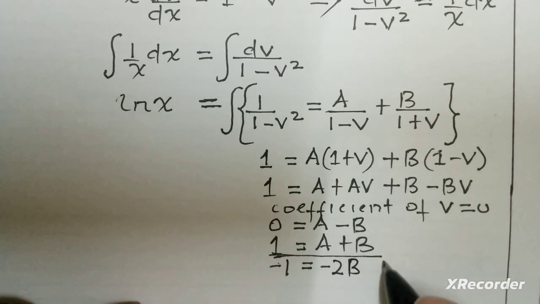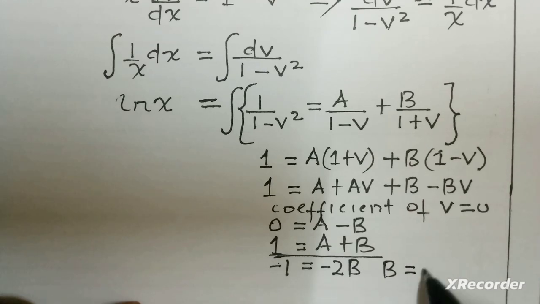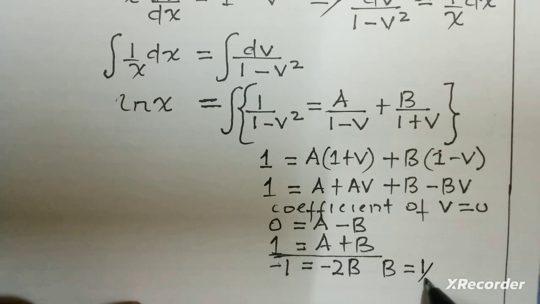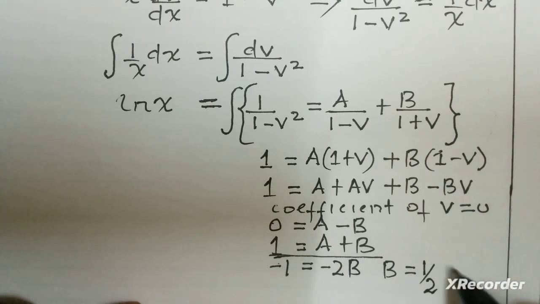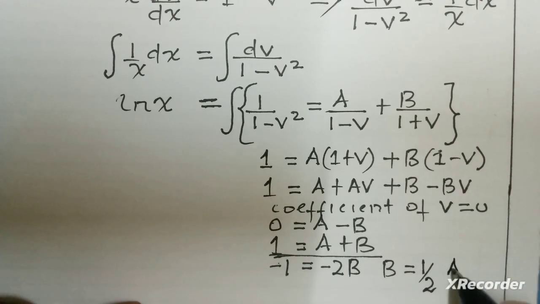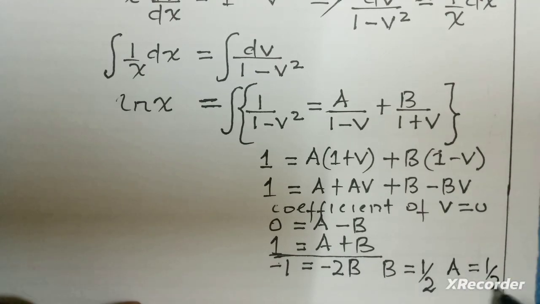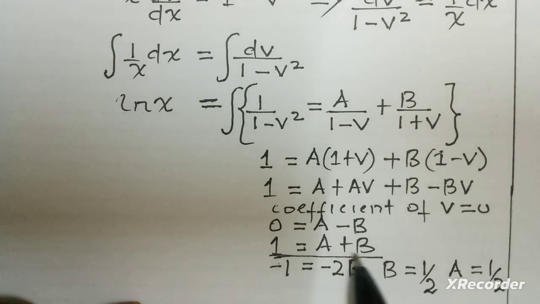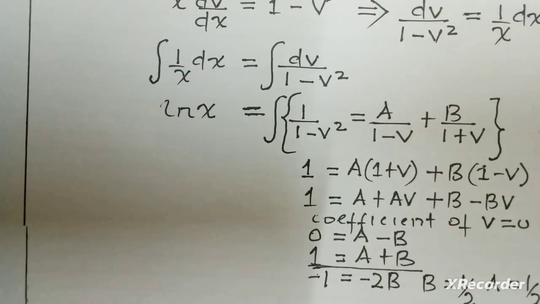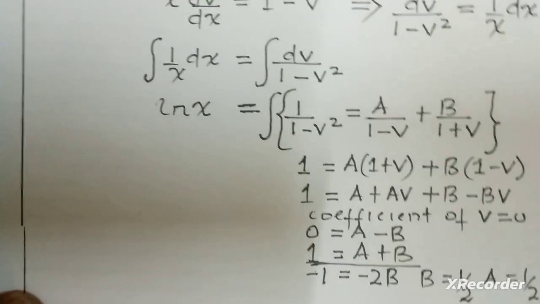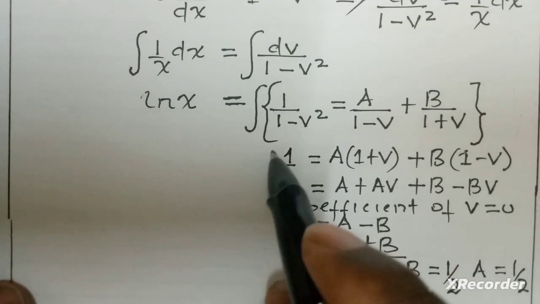So therefore b is equal to a half. Then it means that a is also going to be a half, because if b is a half, plus a is equal to 1, then this a is a half. Now guys, I can divide here like this.